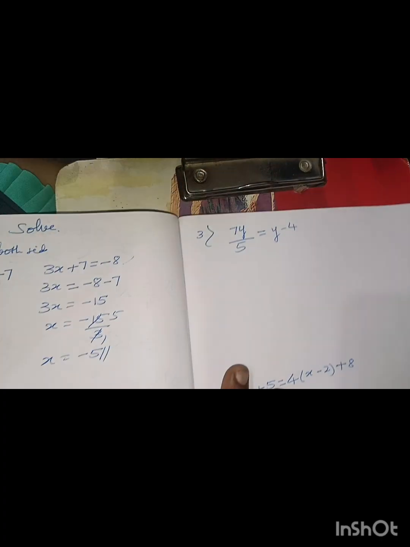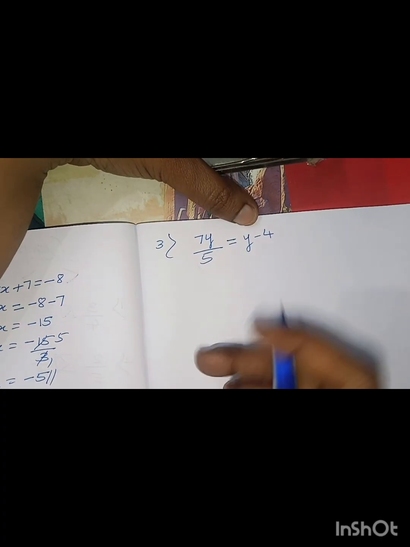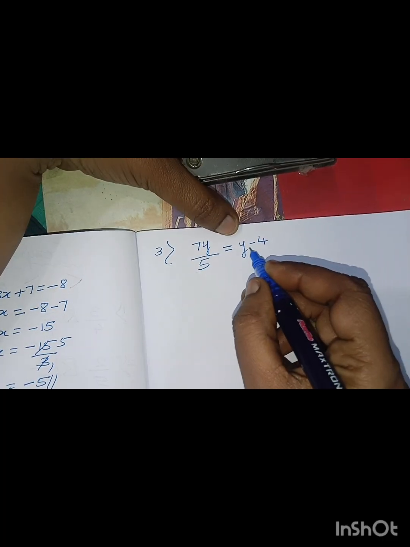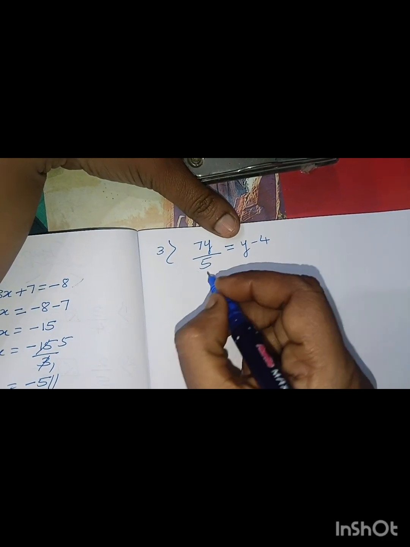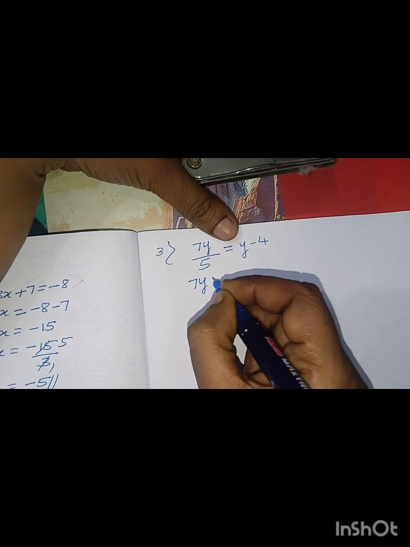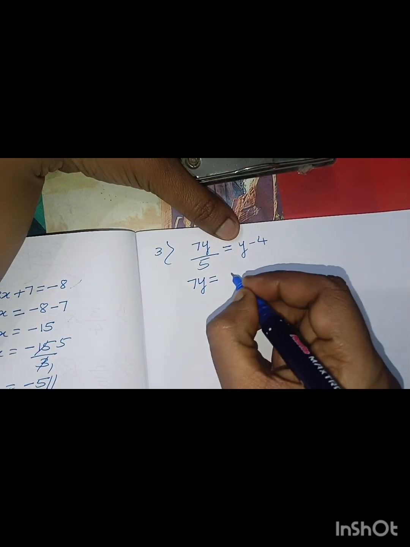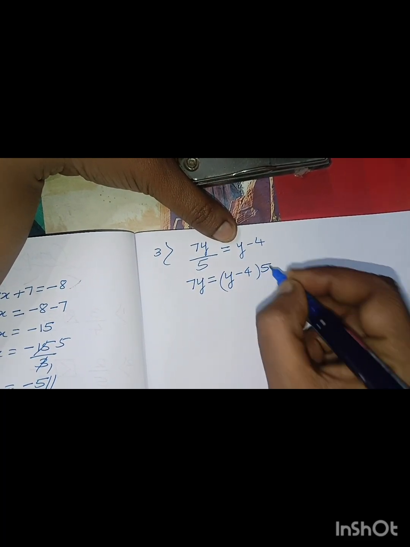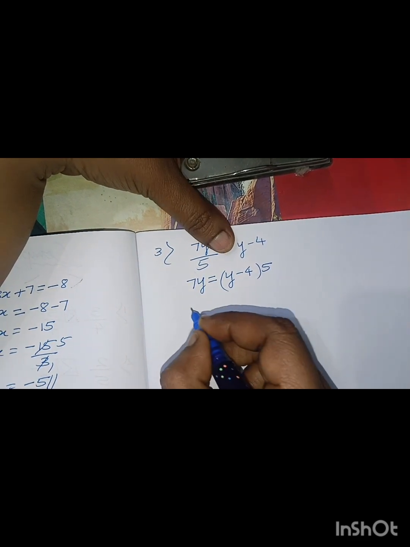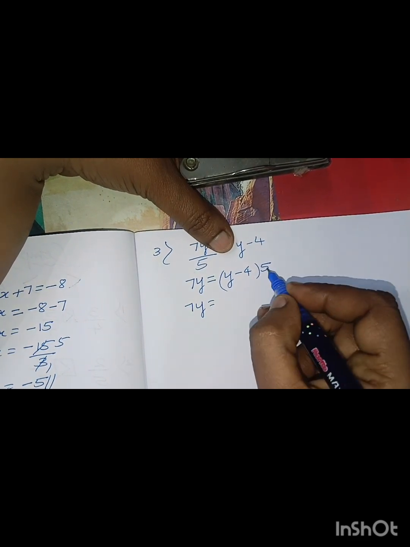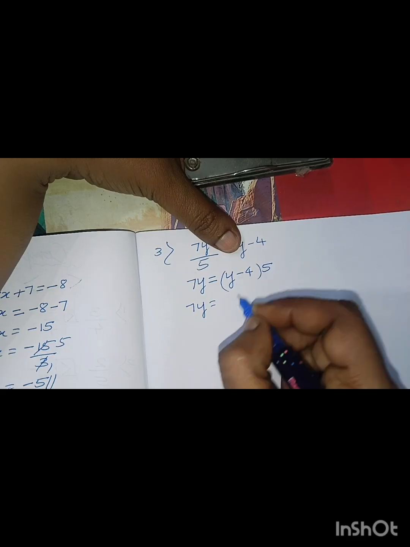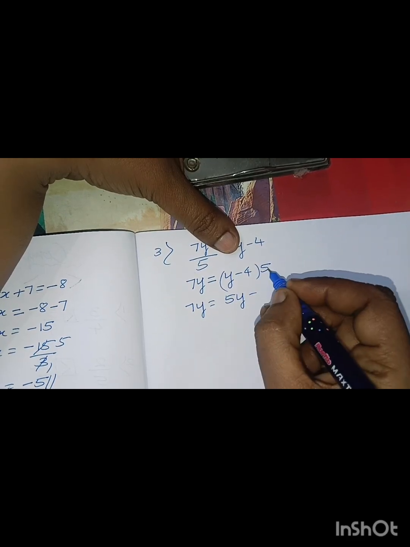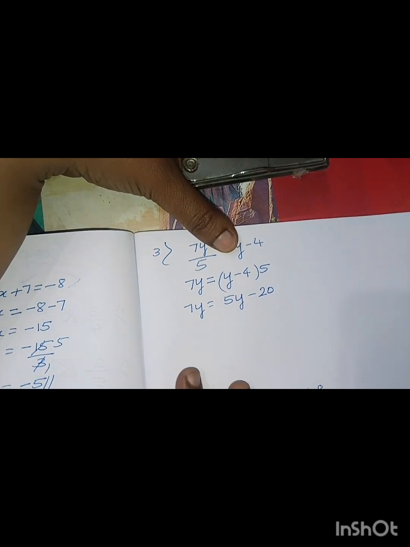Next question: 7y divided by 5 equals y minus 4. Now we transpose divided by 5 to the RHS. It will become multiply by 5. So 7y equals, multiply this 5 into y, 5y minus 5 fours are 20.